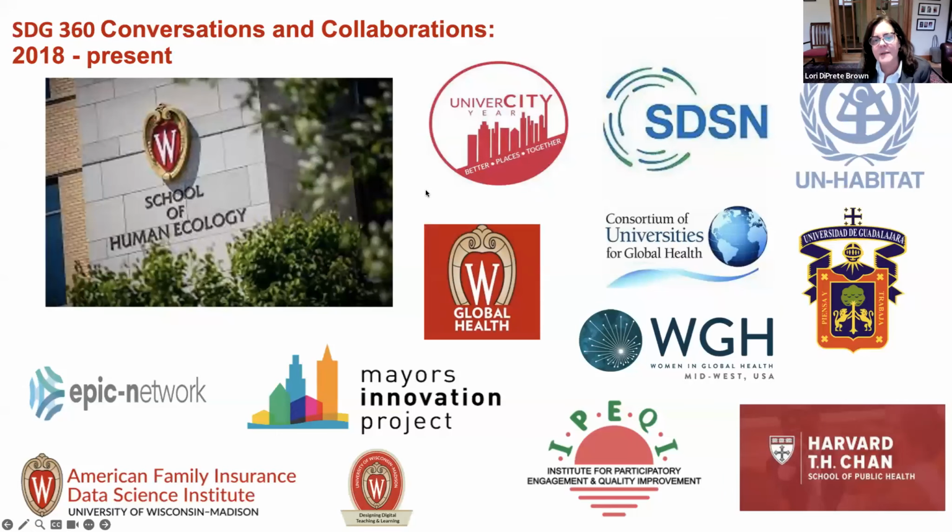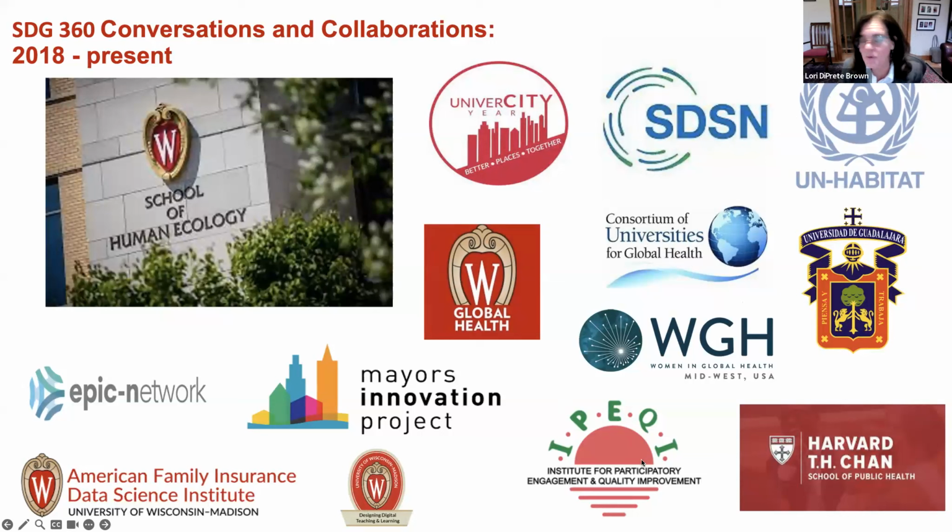And I wanted to acknowledge the many partners that have been part of this conversation over time, the SDG 360 Thinking really since 2018. And then some of you who've been involved in quality and improvement work many, many more years. But we have the American Family Data Science Institute and the digital learning unit at UW-Madison who prepared the app. We have international partners in Guadalajara, Mexico.